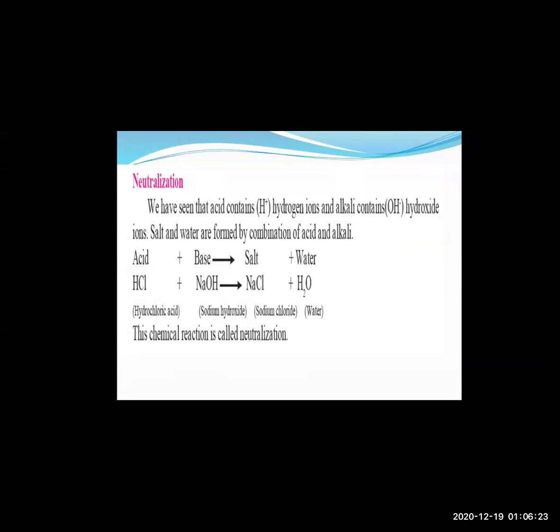But when salt and water are formed by the combination of acid and alkali, as you all know, how does this take place? Here we take an acid, for example hydrochloric acid, and we have taken a base. What is the base? Sodium hydroxide. So HCl is hydrochloric acid and NaOH is sodium hydroxide.